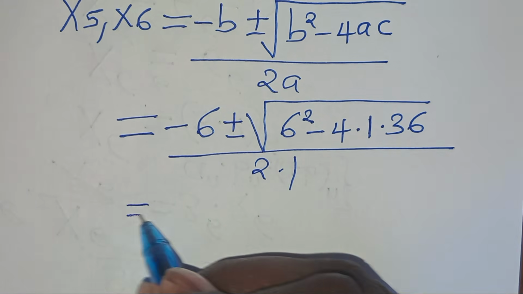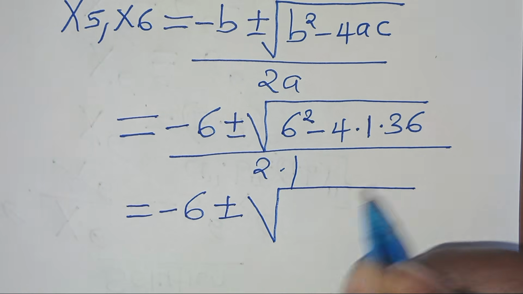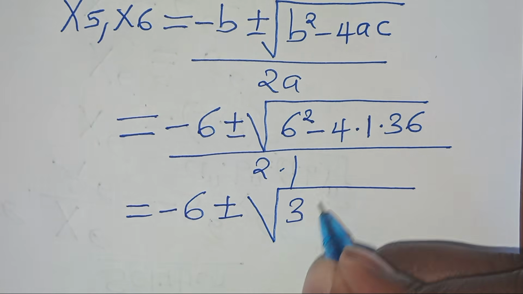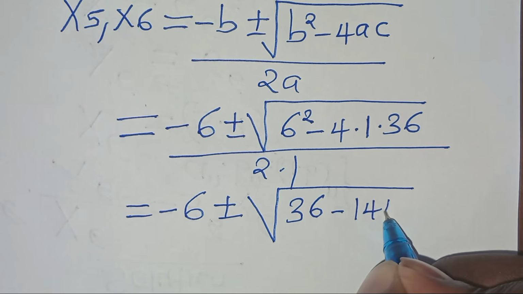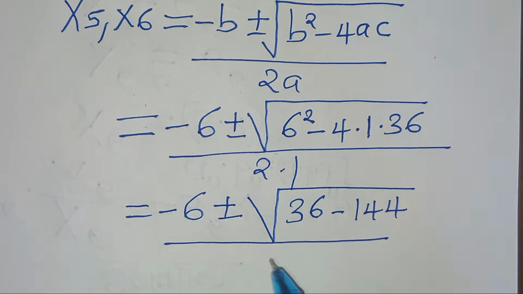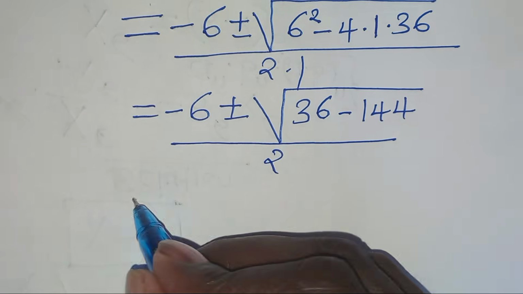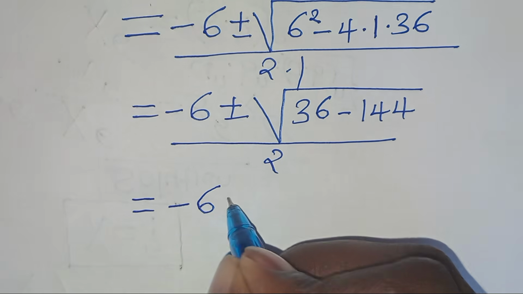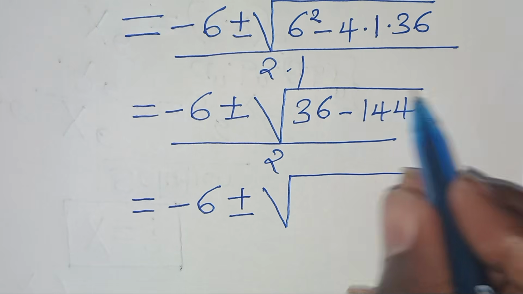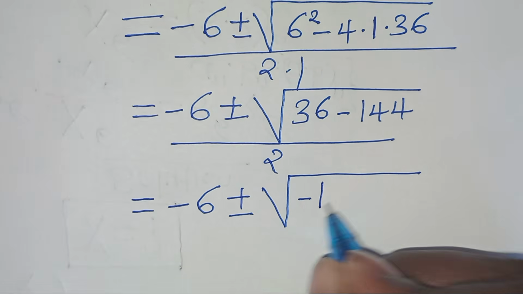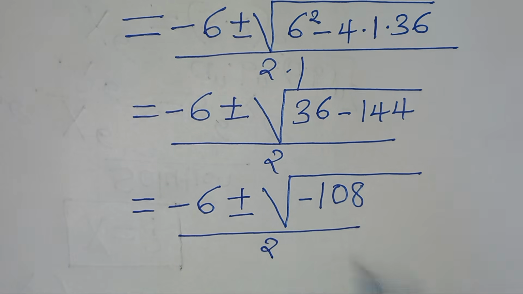So this implies that we have negative 6 plus or minus the square root of 6 squared, this is 36, minus 4 times 36, which is 144, divided by 2. So this implies that we have negative 6 plus or minus the square root of 36 minus 144, this is negative 108, divided by 2.